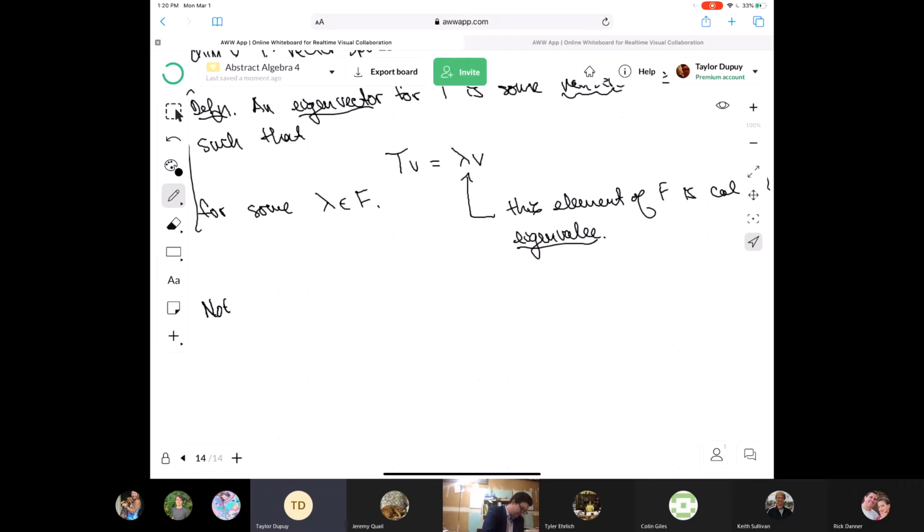Note that eigenvectors can never be zero. Eigenvalues can be zero.